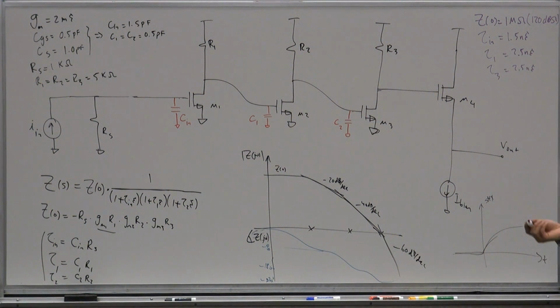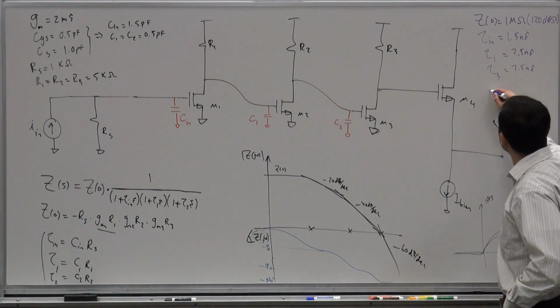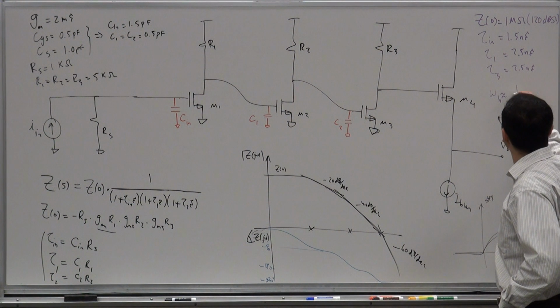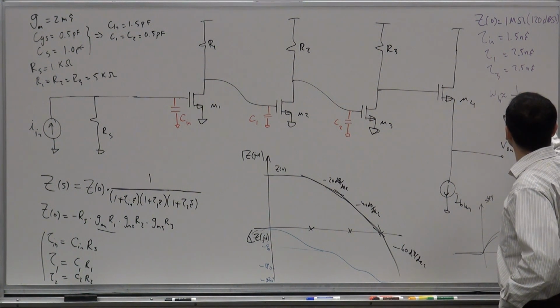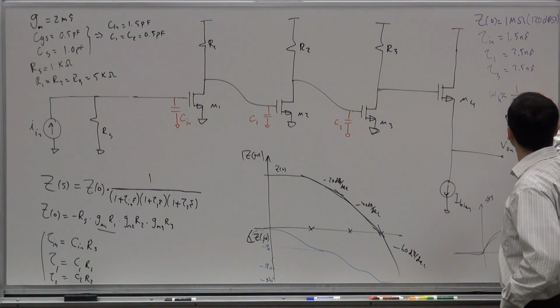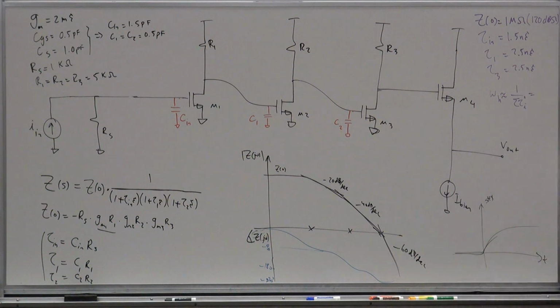If you were to calculate the ZVTs, for instance, the zero value time constants, you do the sum of these three, which would be 6.5 nanoseconds. So if you estimate our bandwidth based on this, omega h estimate is 1 over the sum of the time constants, 1 over 6.5 nanoseconds.